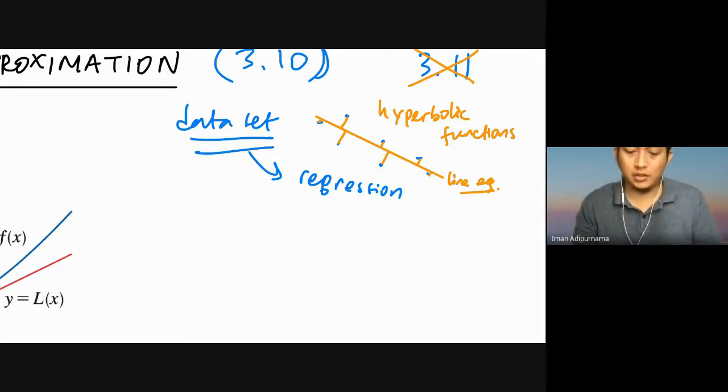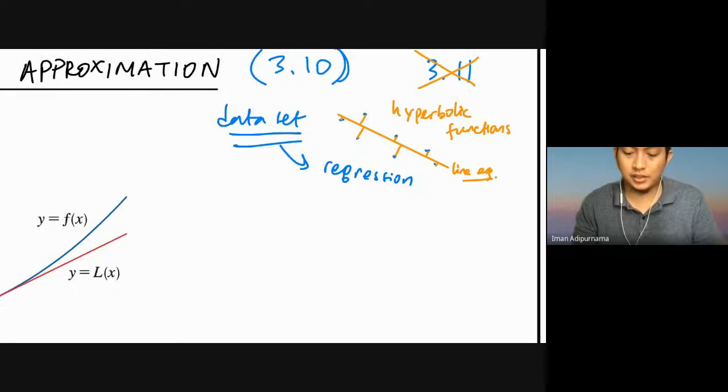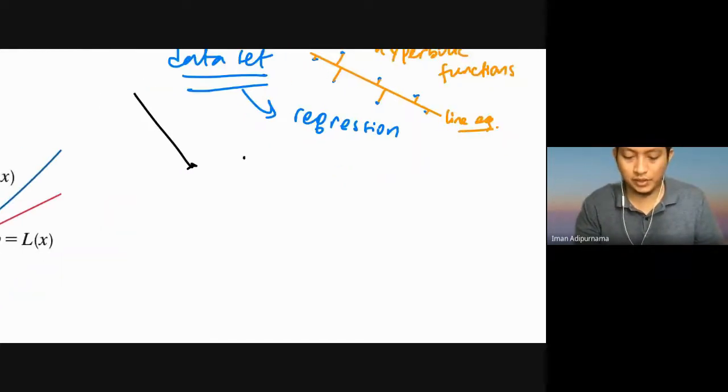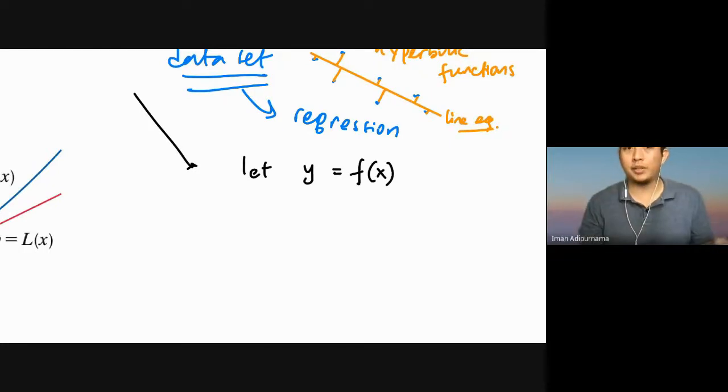Similar idea, but a little bit different way. We can also approach a linear equation through a curve. Let's say we have, let me write here first, y equals f of x. This is just a random curve. And at x equals a, we can take the first derivative.